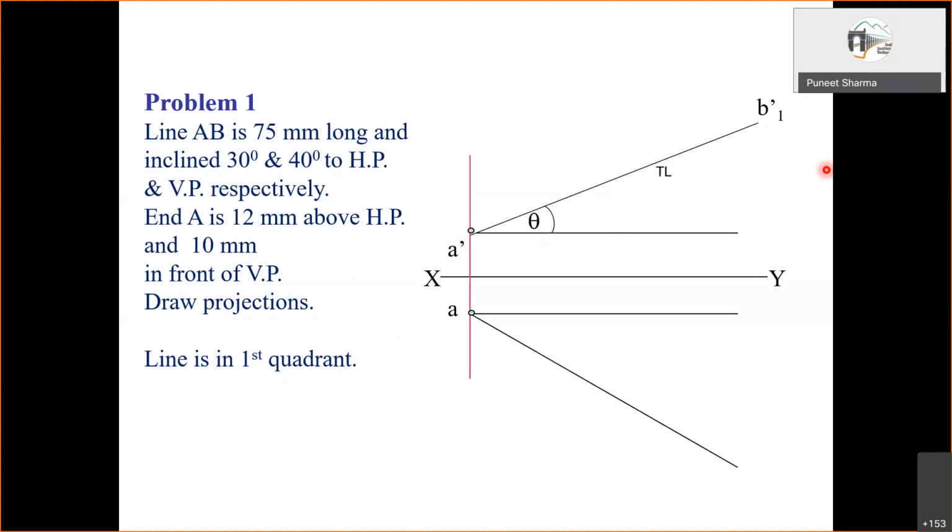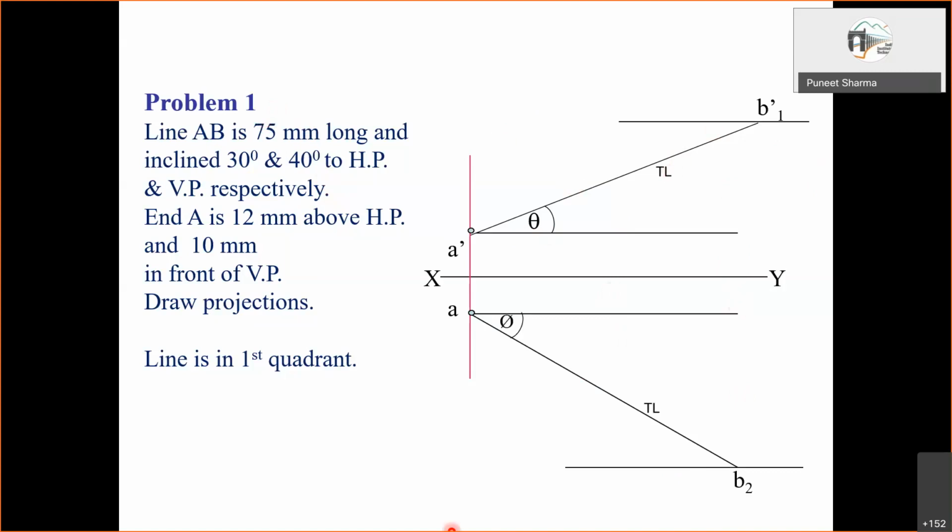Then you assume parallel to the horizontal plane, inclination 40 degrees, and the length is 75 mm. So now you locate B2. So you know the loci of the 2 points: how much distance B dash will be away from XY is known, and how much distance small b will be from the XY is also known to us.